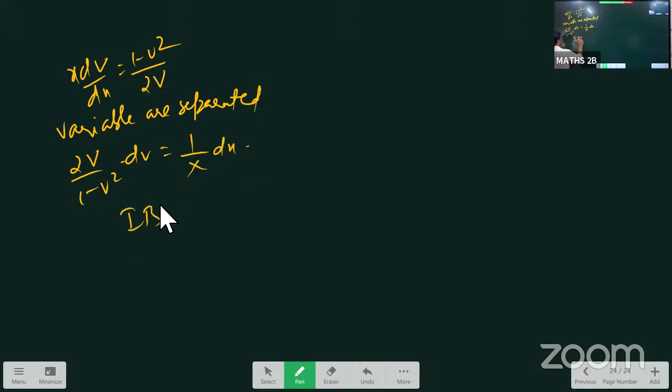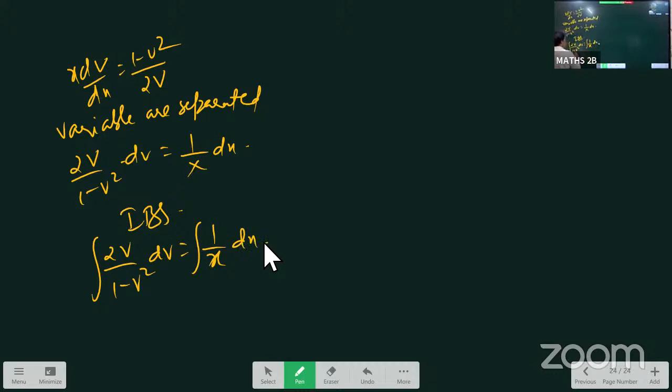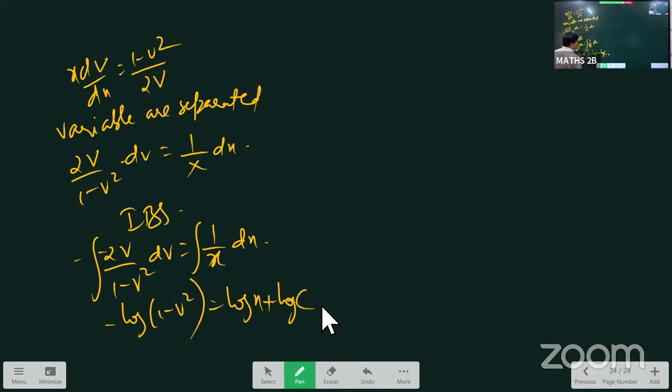Now integrate on both sides. The integral of 2v by (1 minus v square) dv equal to the integral of 1 by x dx. Now the derivative of the denominator is present in the numerator, with a minus sign. So minus log of (1 minus v square). Here it is log x. Whenever everything you get in terms of log, the constant also you take as log c.